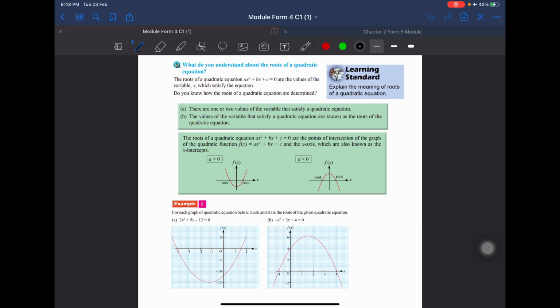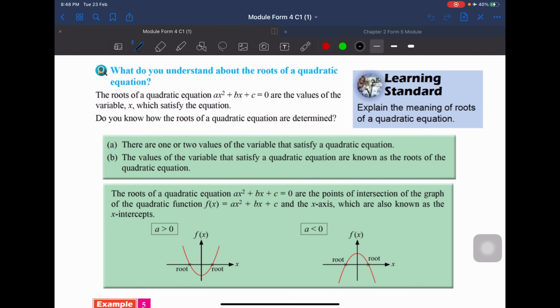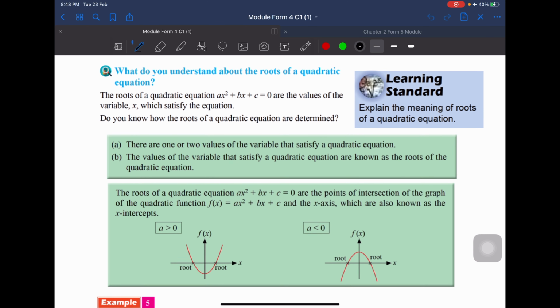So for today, we're going to continue our lesson from last week. For today's learning standard, the first learning standard is to explain the meaning of roots of quadratic equation.